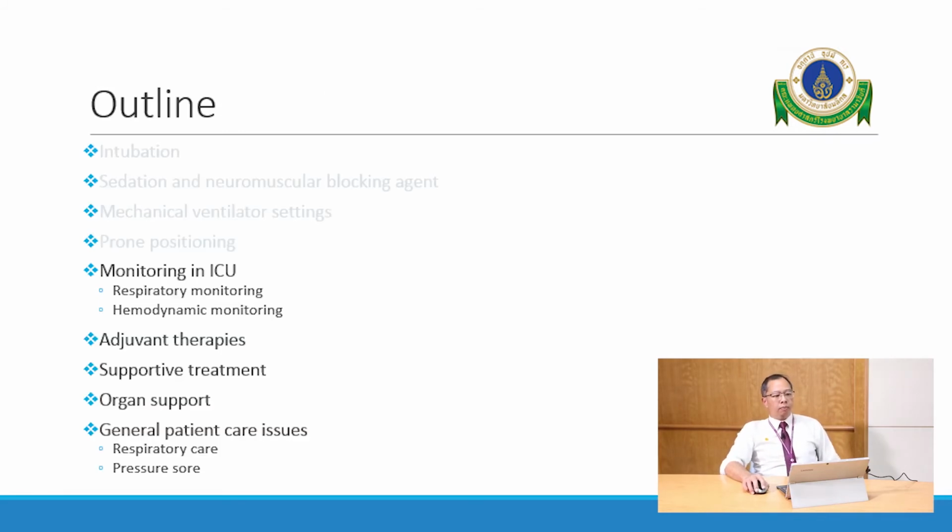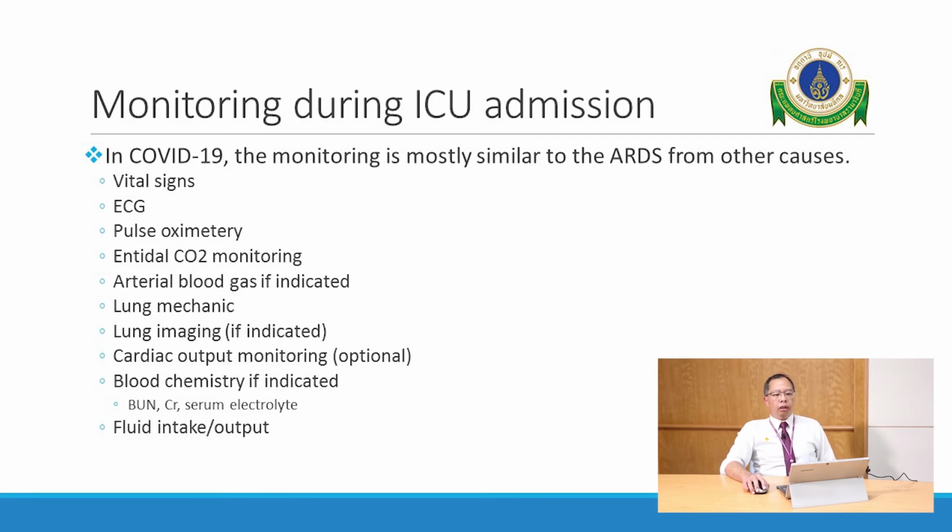The next topic is monitoring in the ICU. The monitoring in the ICU to take care of patients with COVID-19 is similar to other patients. We need to monitor vital signs, ECG, pulse oximetry, end-tidal carbon dioxide monitoring, arterial blood gas, lung mechanics, lung imaging, the cardiac output, blood chemistry, especially the renal function, and fluid intake and output.